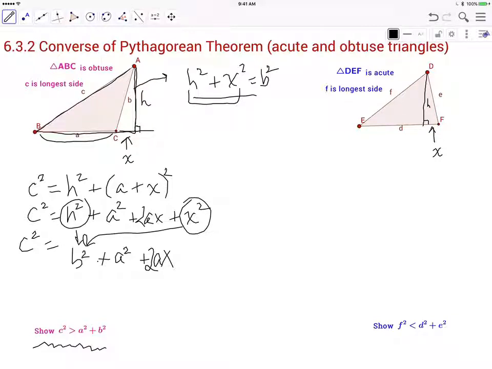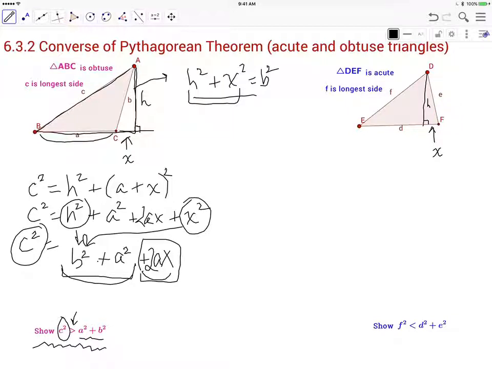There's a 2ax. Now, what this means is that in an obtuse triangle, c squared is equal to a squared plus b squared plus another number, another length. And so therefore, when we have an obtuse triangle, c squared, because it's equal to a squared plus b squared plus a little bit more, is strictly greater than a squared plus b squared.